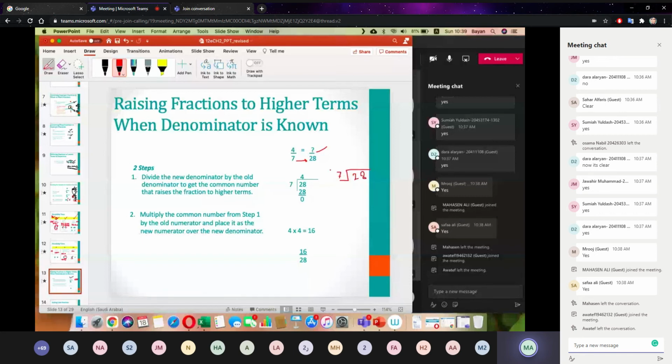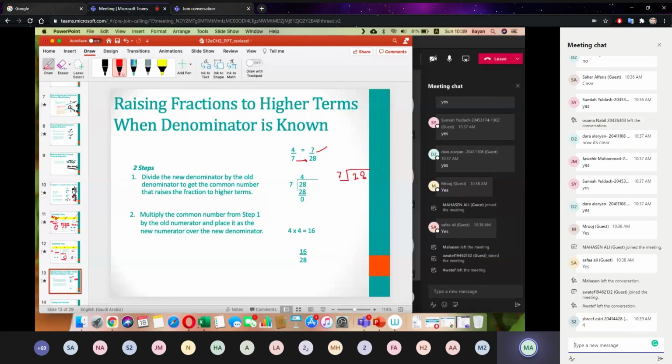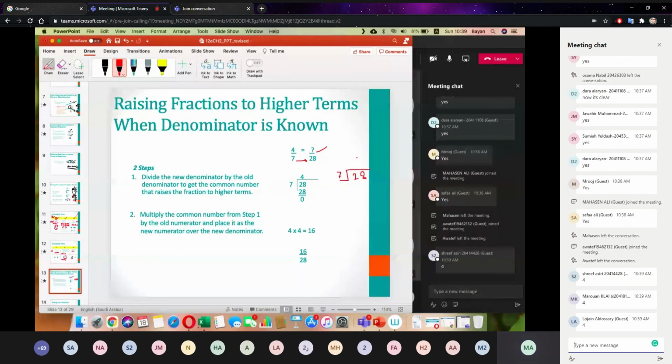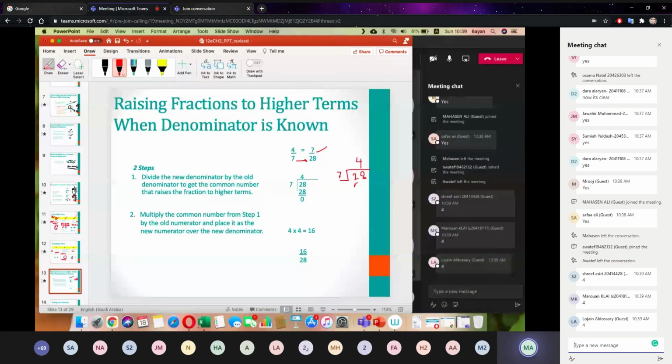So any value multiplied by 7 gives you 28. Multiplying 4 by 7 will give you 28. Now this 4, you find it here.